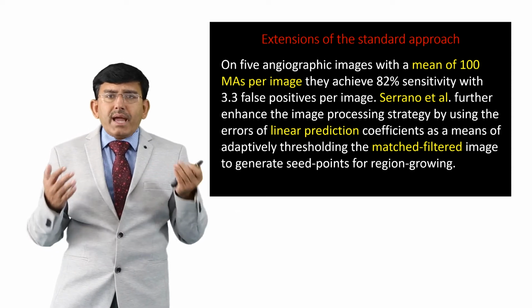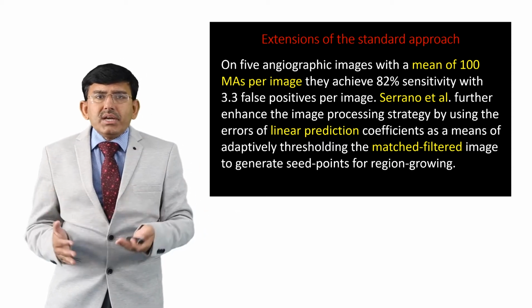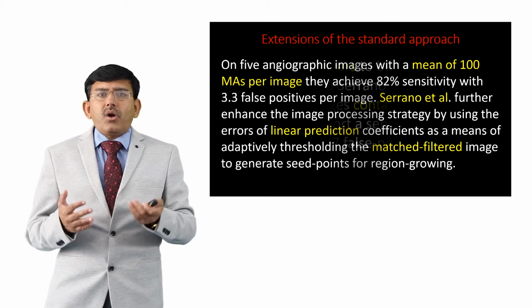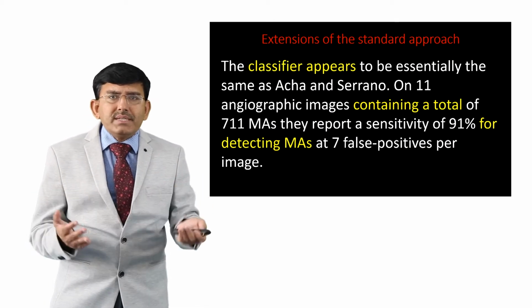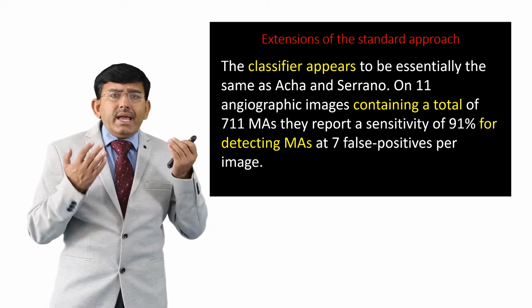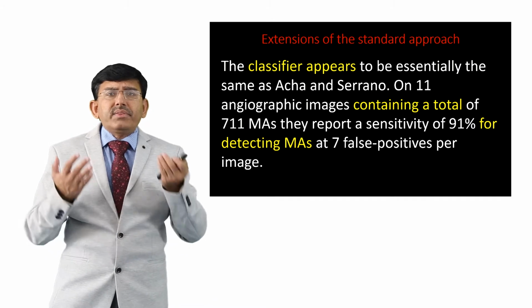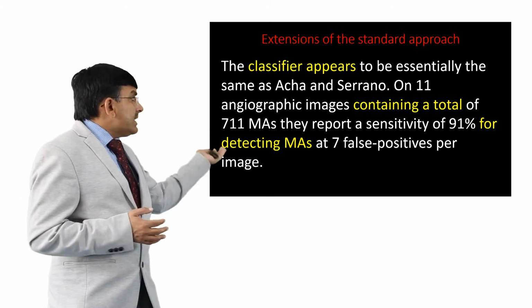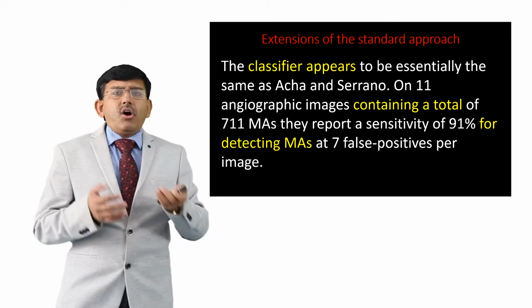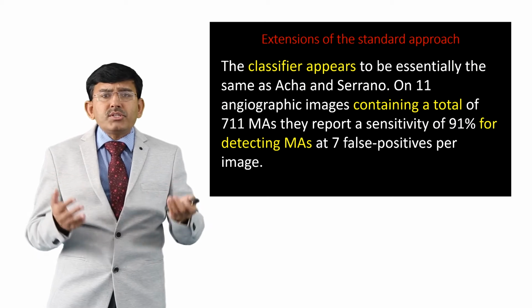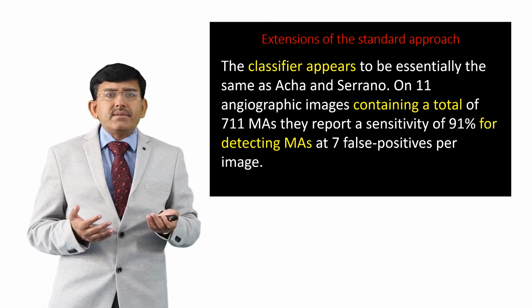The classifier appears to be essentially the same as Acha and Serrano. On 11 angiographic images containing a total of 711 microaneurysms, they reported a sensitivity of 91% of detecting microaneurysms at 7 false positives per image.